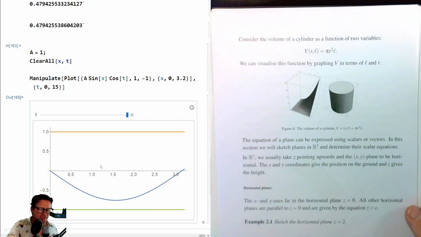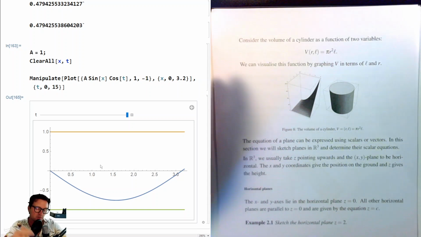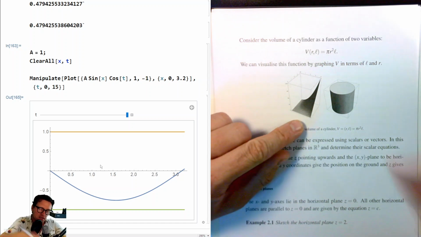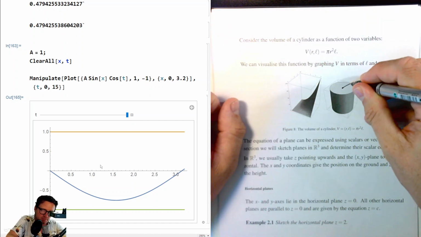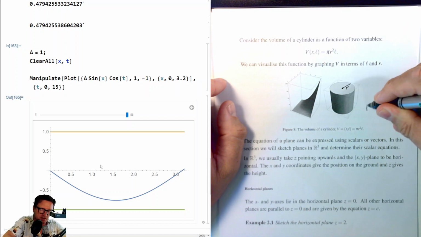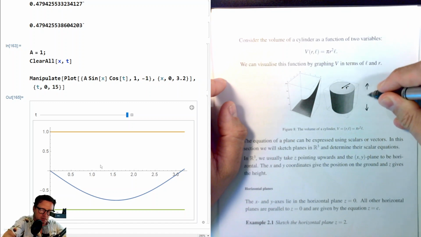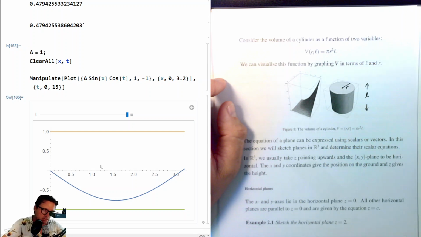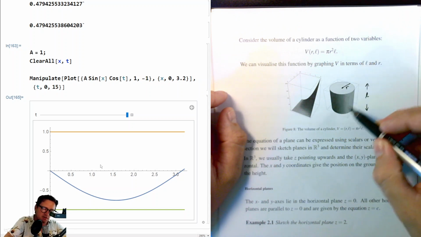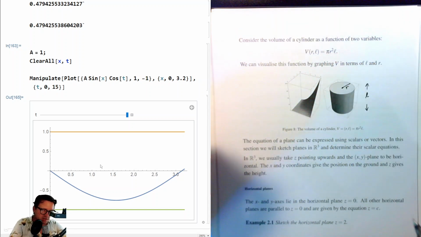Consider the volume of a cylinder as a function of two variables. So the two variables are the radius, which in this drawing is our radius, and then the height of this cylinder is L, or length. So this is the cylinder, and the volume is the volume that you see there.